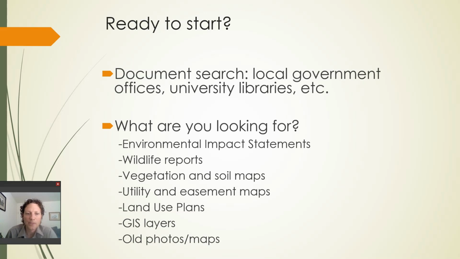As a project manager, one of your early responsibilities is to check with local government and state government. You're looking for things like environmental impact statements, historic maps, old photos, GIS layers, land use plans, like I said, utility maps, maybe vegetation and soil maps available through state agricultural and wildlife agencies.